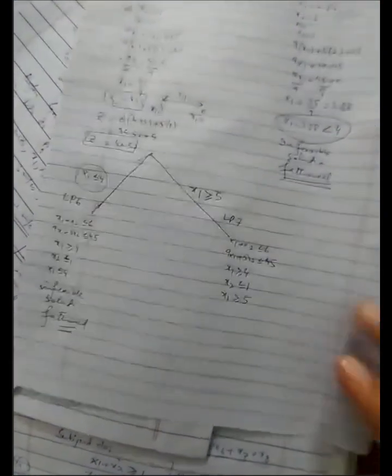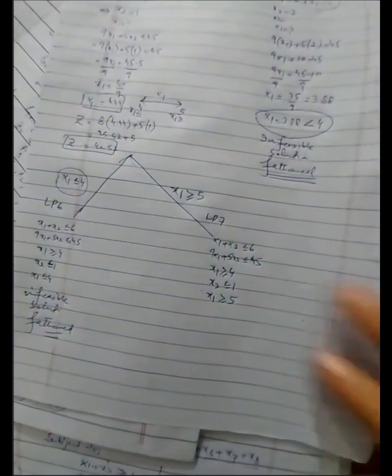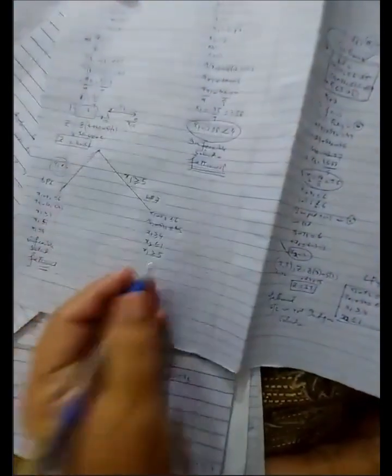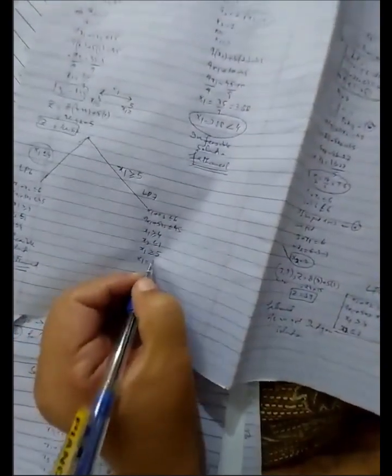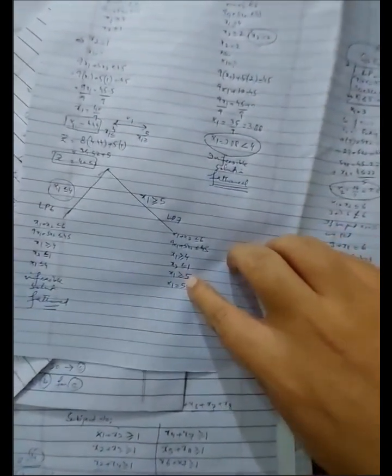Now we have only LP7 left. Now let's put x1 is equal to 5, because we have the newest constraint over here, x1 is greater than or equal to 5. So we put x1 is equal to 5.